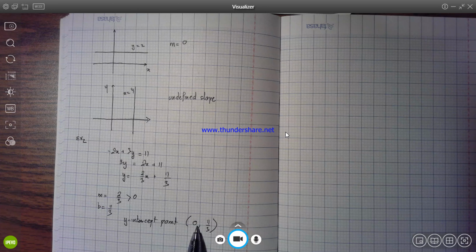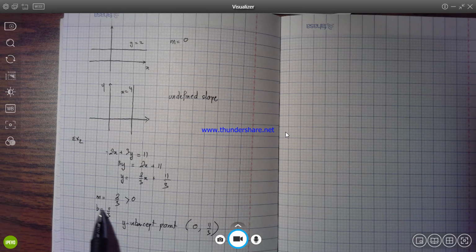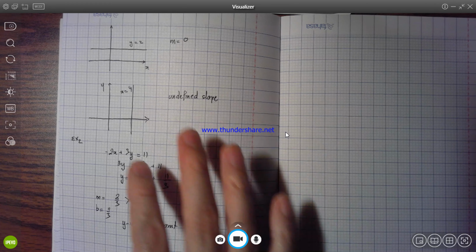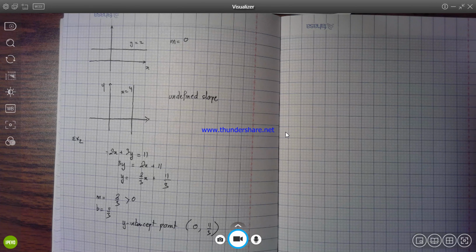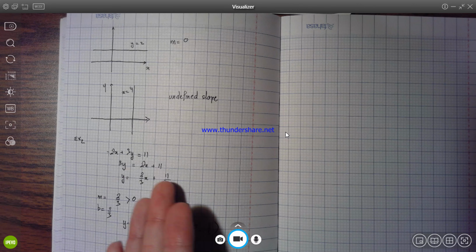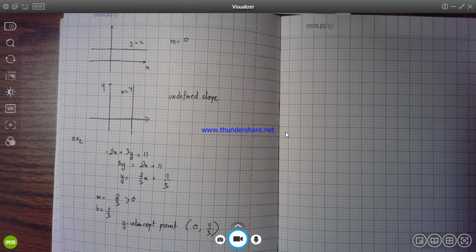If I ask you to find the y-intercept value, you just need to write b equals a number. So that is how you convert between standard form and slope-intercept form. Alright.